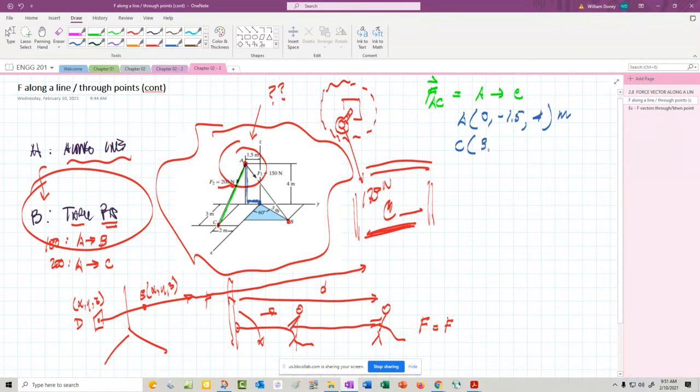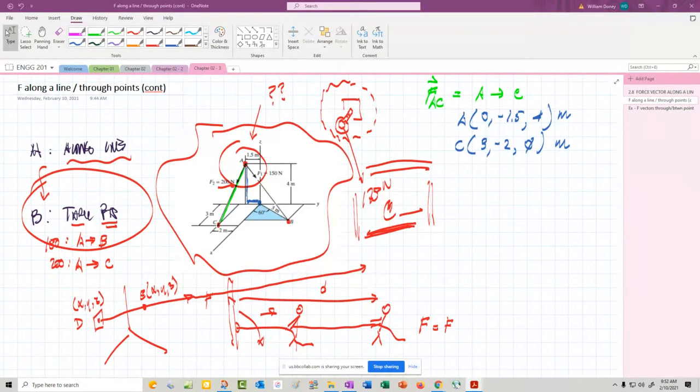All right, the coordinate C. That looks like it's at positive 3, minus 2, and then a 0 because it's sitting right on the plane. Okay, any questions on that?